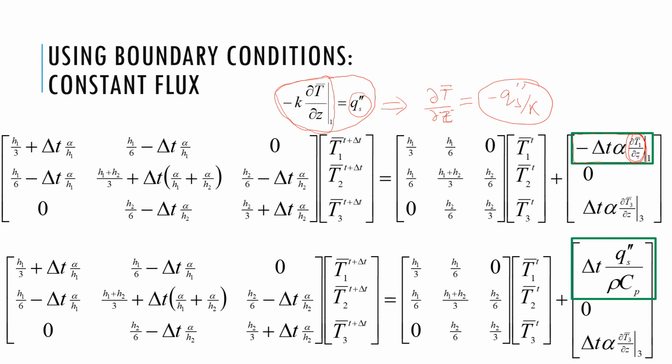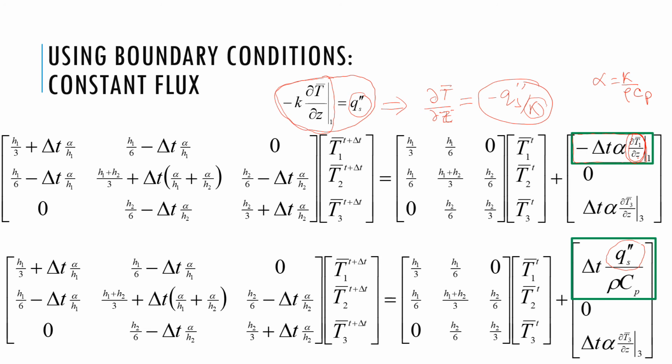We just replaced that by this, and alpha, as you know, is K over rho Cp. So this K that is coming from here would cancel with this K, and I get Qs.